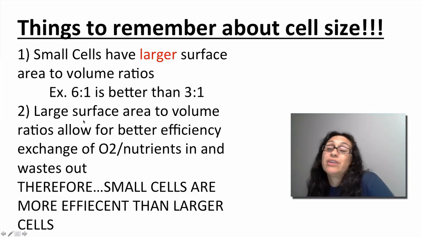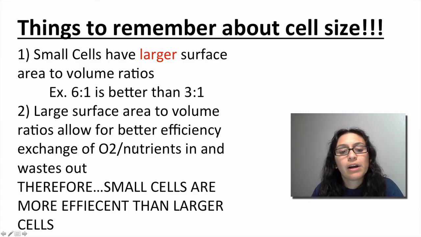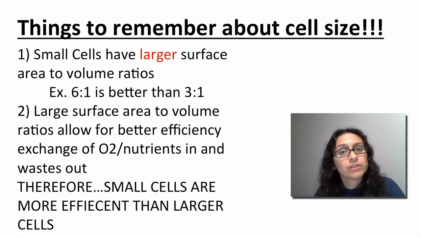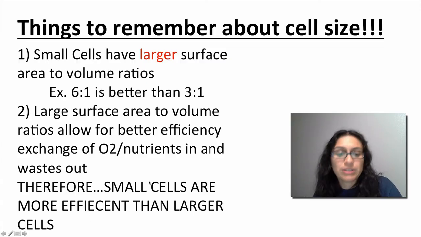The large surface area to volume ratios also allow for better efficiency of exchange. Okay? So large surface area to volume, more efficient at exchanging materials. Therefore, we say small cells are more efficient than larger cells. So small cells more efficient in the end.